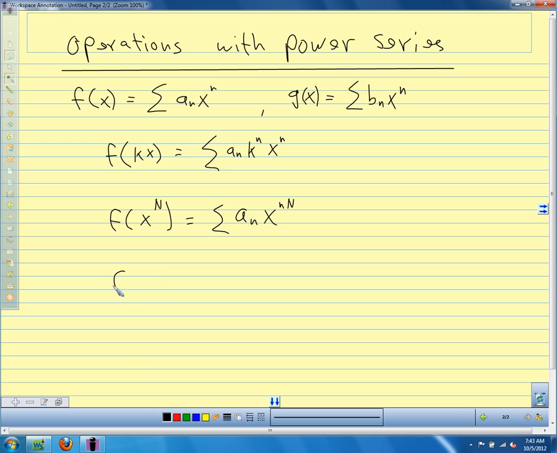And the last one is if we're adding functions, we can just add, and we'll put a plus or minus. We can just add our coefficients. And all of these may change the interval of convergence.